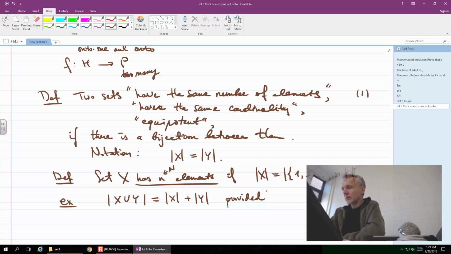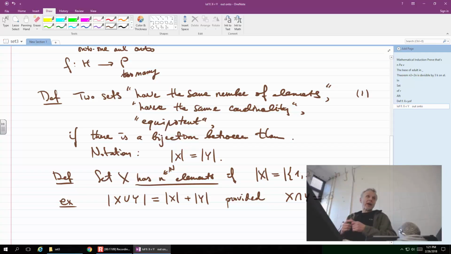So we have to make sure that those sets are disjoint. We can add the number of elements of X and of Y if they don't have elements in common. So common sense, once again, a common sense situation.